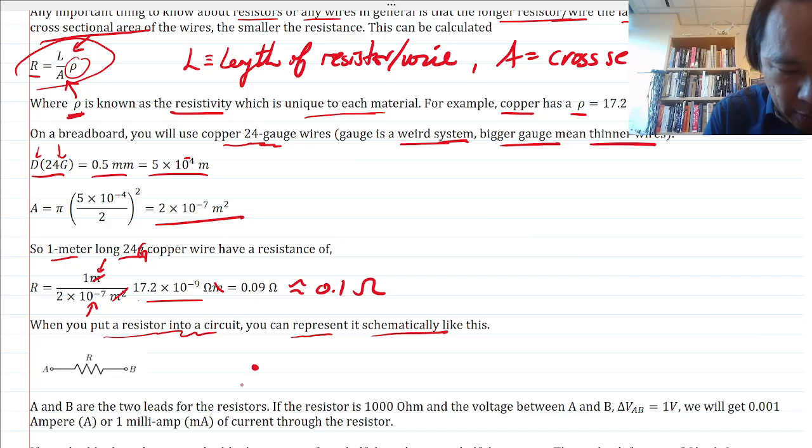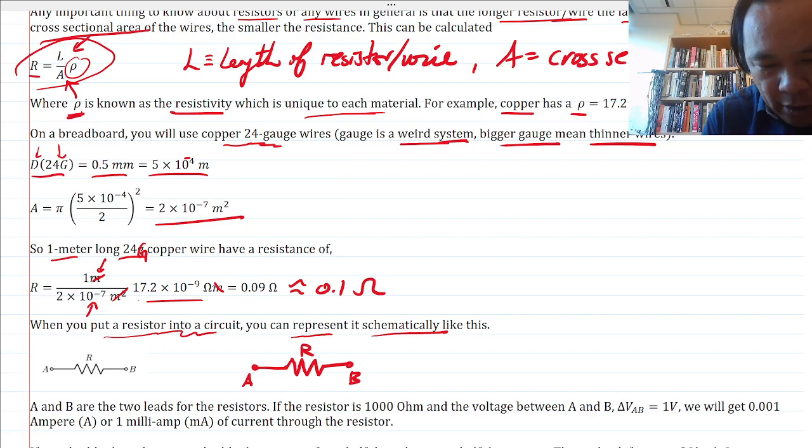So you have some place at point A, and the way I draw it is just a little zigzag here, and I put a little R here, or the resistor value. Or sometimes I'll just put 100 ohm to represent a 100 ohm resistor.